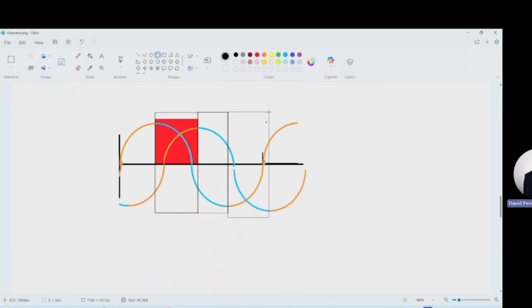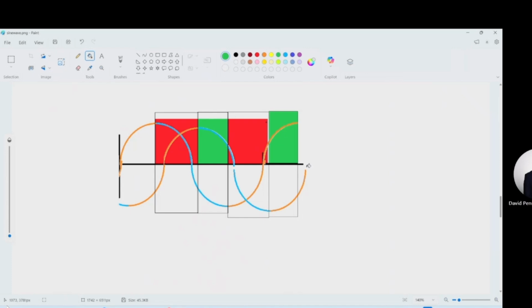And then we've got orange and orange. Put about there. Okay. So you can see where they're not matched up, this is an inductive effect. Got blue and orange. Where they are matched up, that's going to be a capacitive effect. And you can see it's mainly red.